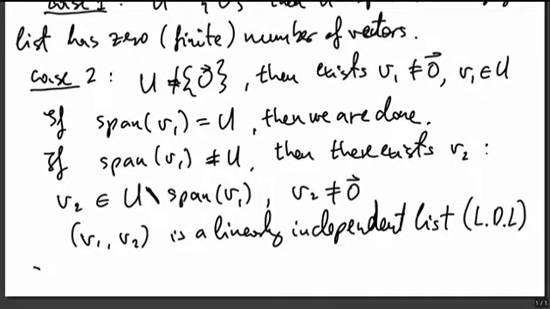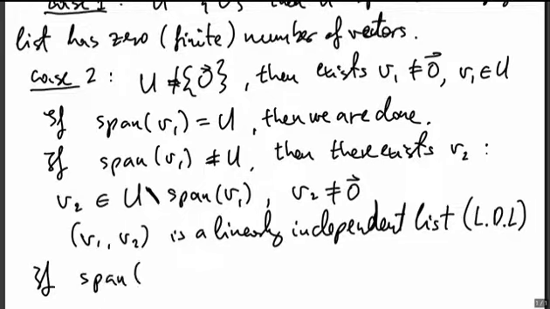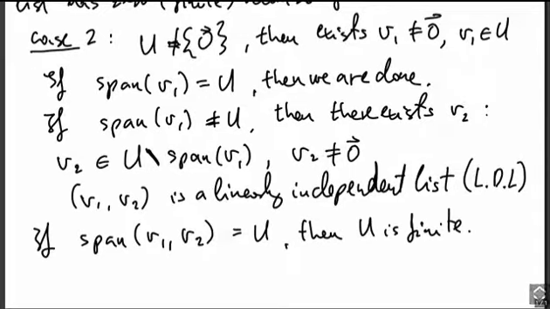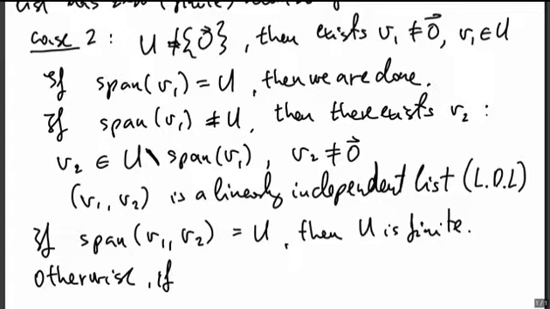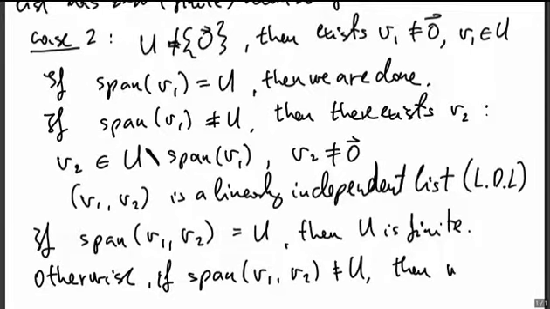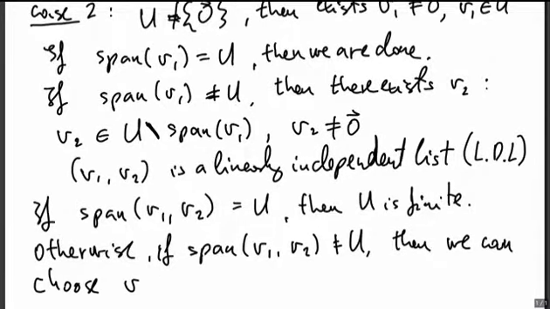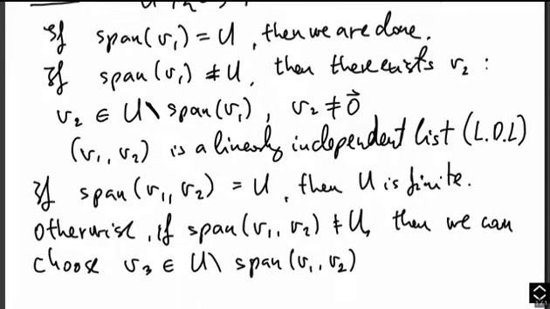So then we check again what the span of this list V1, V2 is, and if the span is the whole U, then again we have that U is finite dimensional. Otherwise, if the span is not the whole subspace U, then we can choose another vector, V3, which is in U but not in the span, since we know that there must be some other vectors in U that are not in the span of V1 and V2.